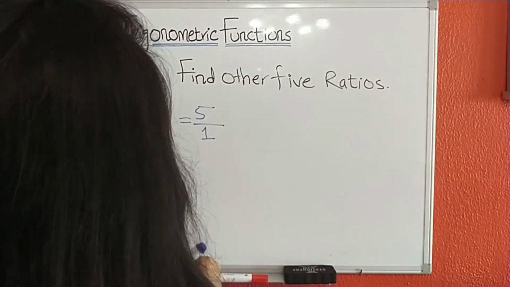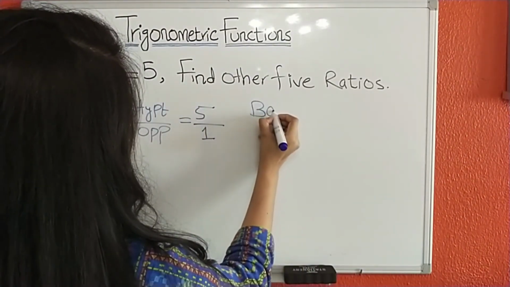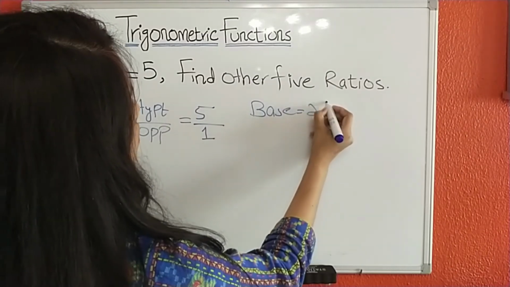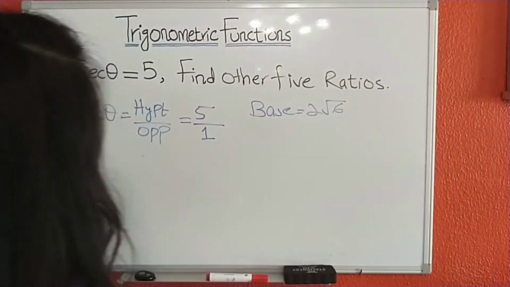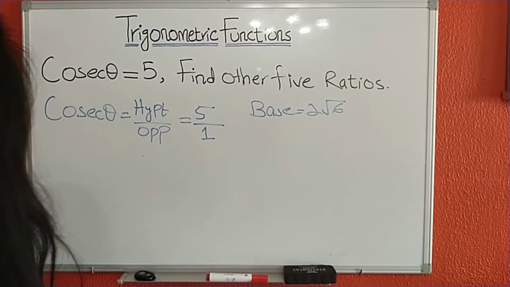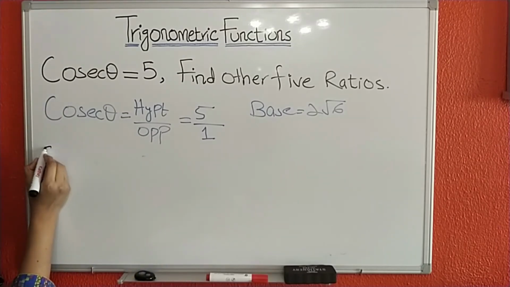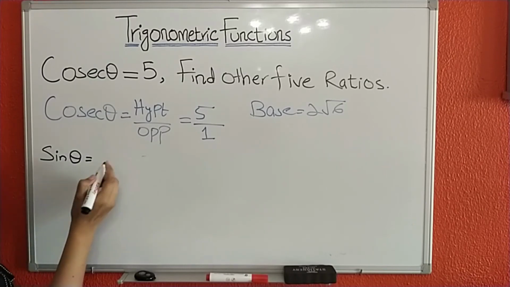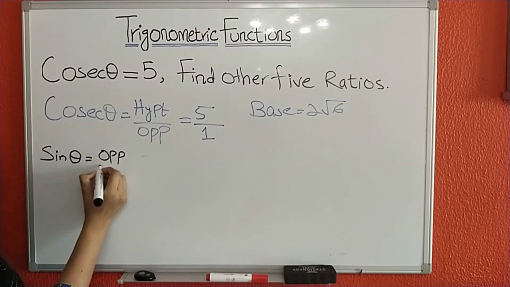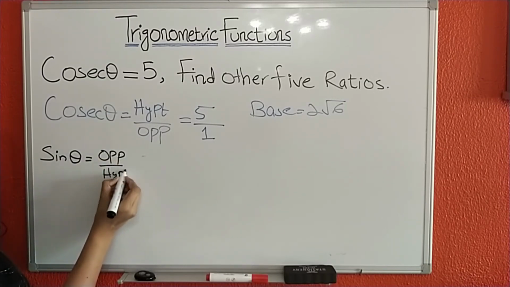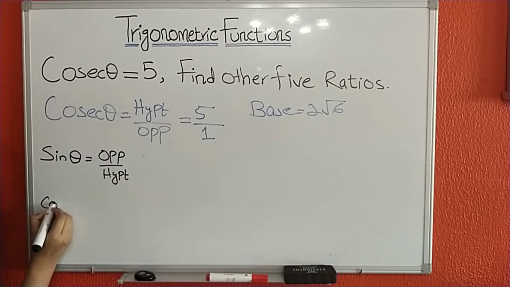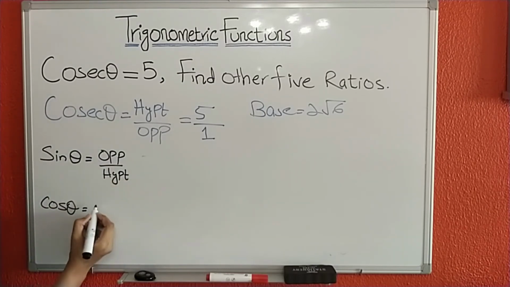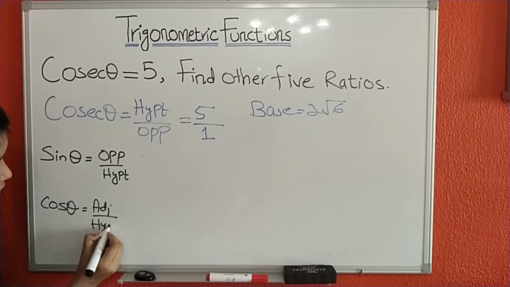So the value of base is 2 root 6. Now I am finding the other 5 ratios. First I am writing the sine. Sine theta is equal to opposite upon hypotenuse, and cos theta is equal to adjacent or base upon hypotenuse.